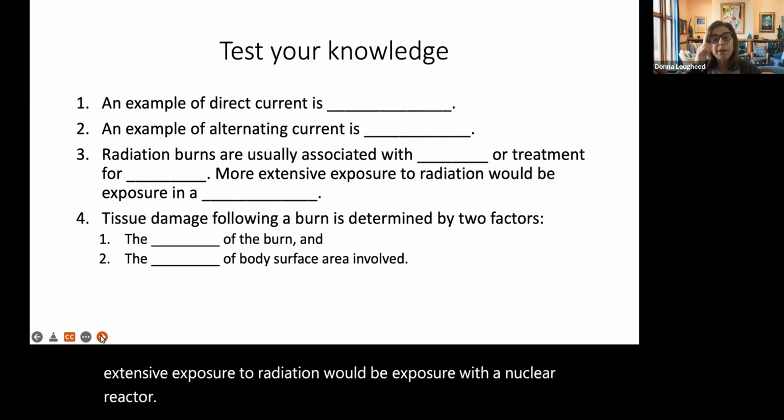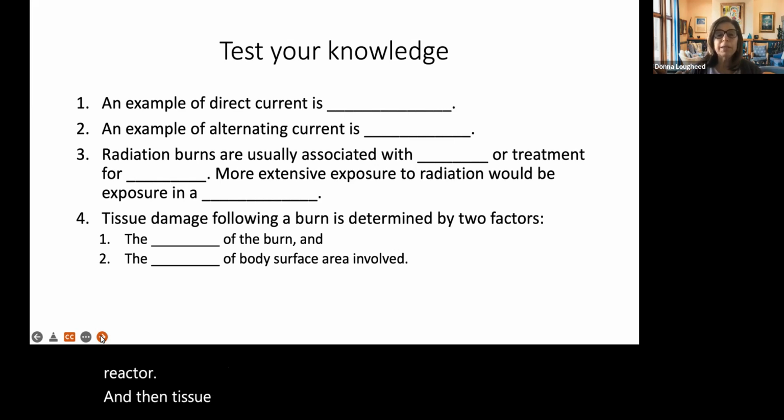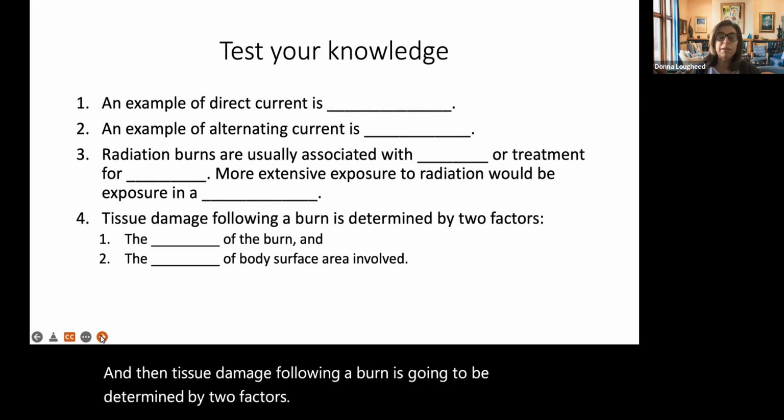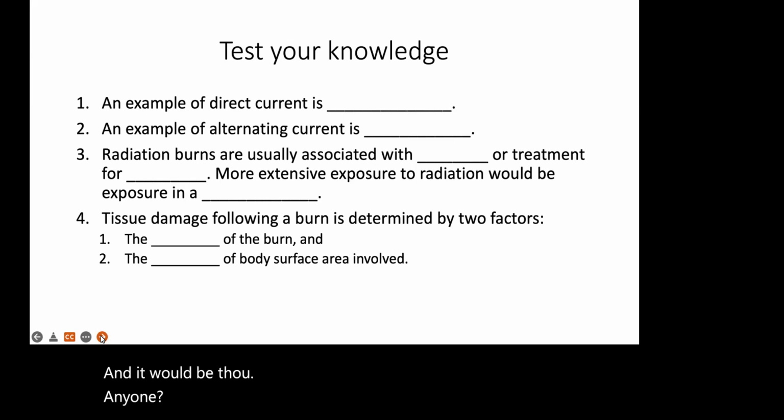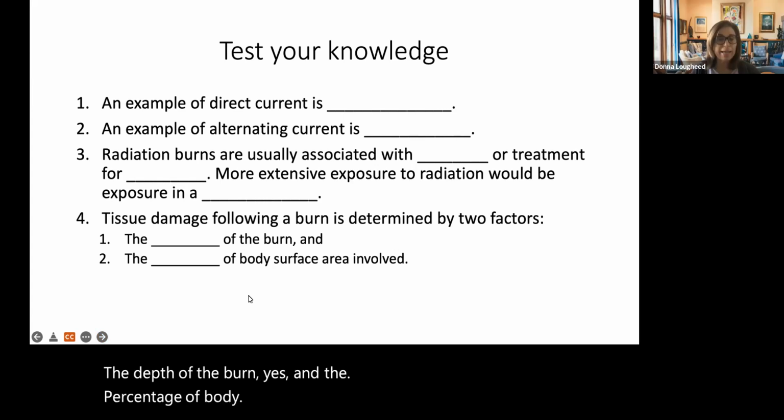Then tissue damage following a burn is going to be determined by 2 factors. The depth of the burn? Yes, and the percentage of body. Exactly, the extent of body surface involved.